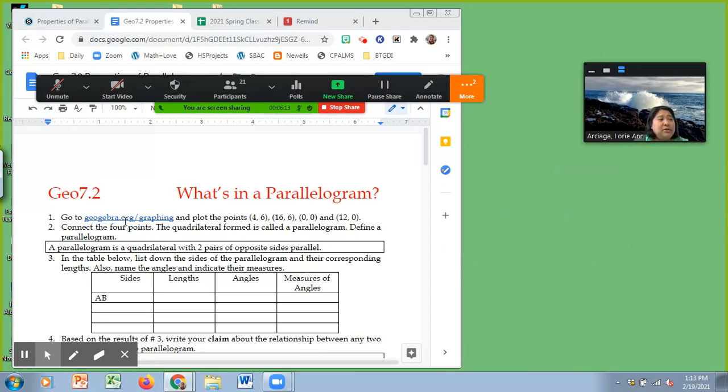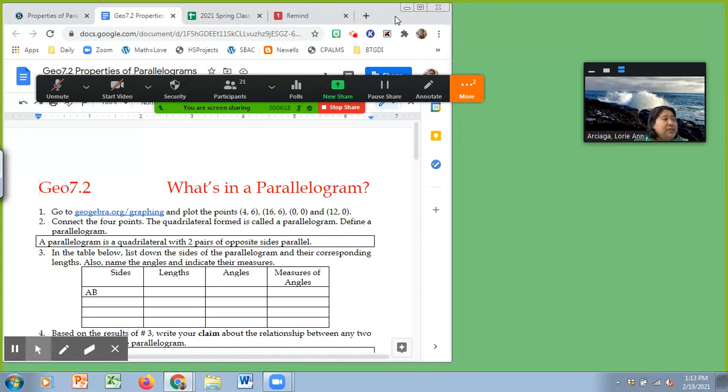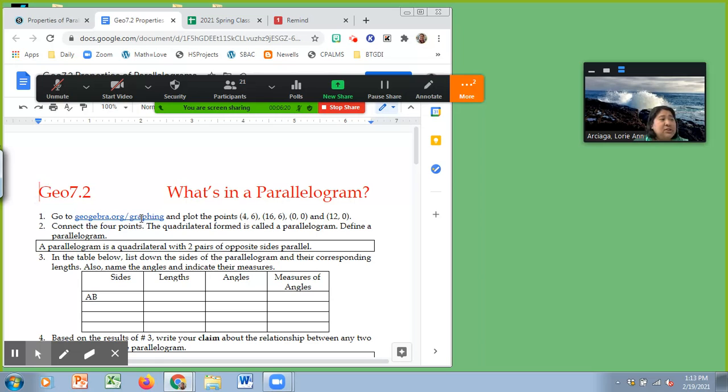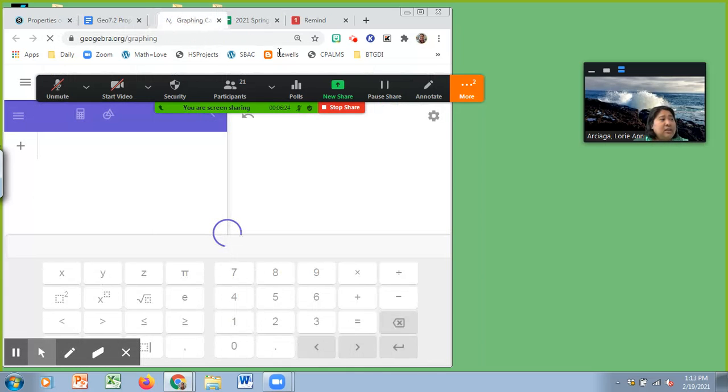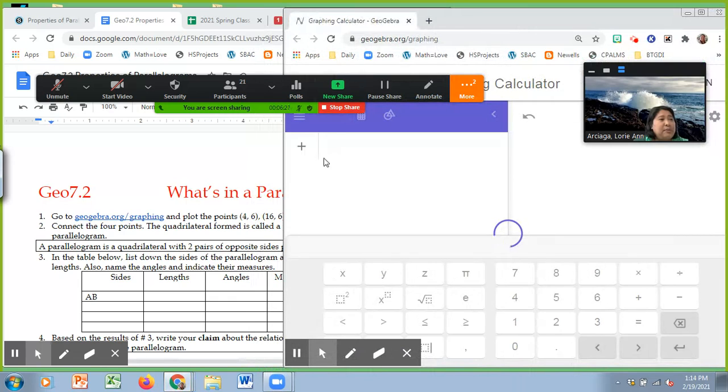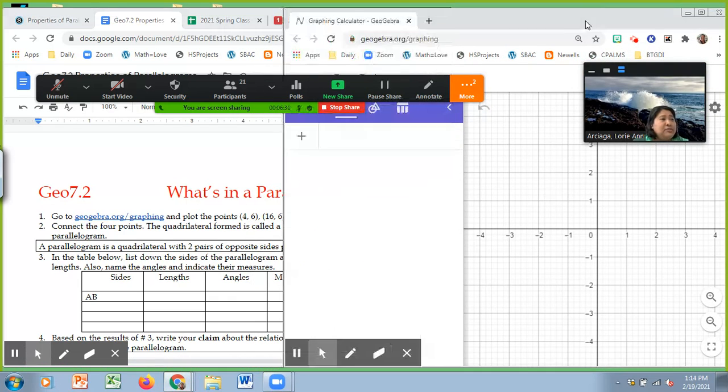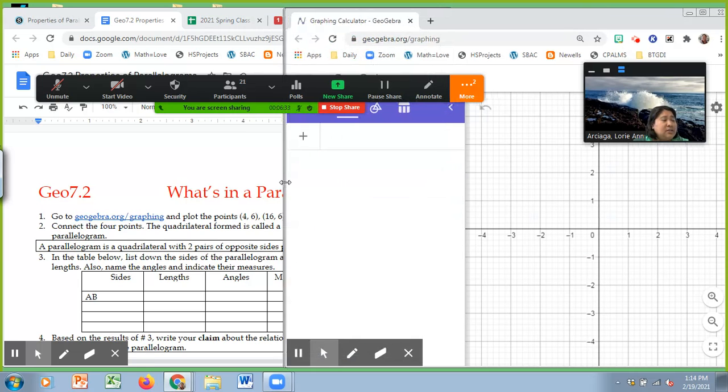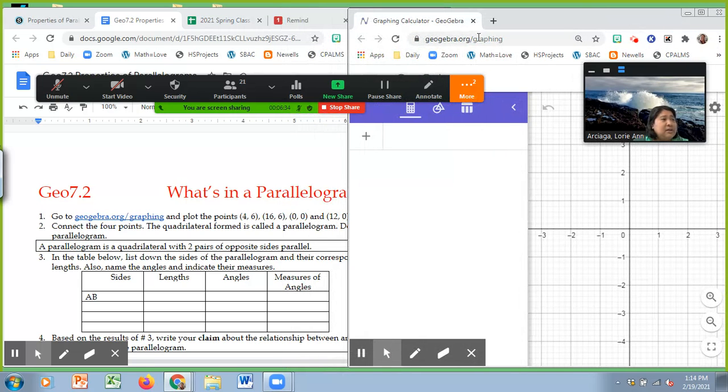I meant to put geogebra.org/geometry, but I put graphing. So if you click on that one, that's okay, and then we're just gonna change the link when it opens. I'll try to open them side by side. Before you start, you see that word after the forward slash?